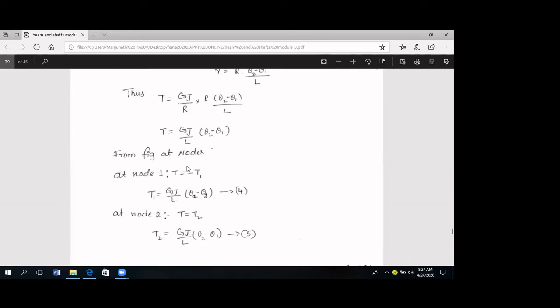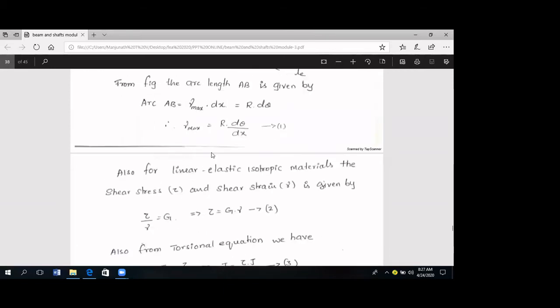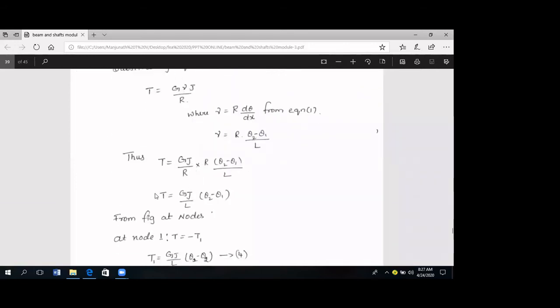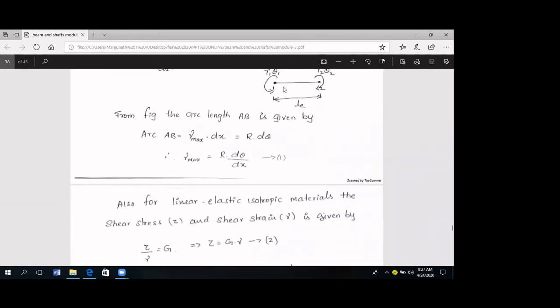From the figure, we have two nodes for this element. Having the torque equation, we need to know the torque at node number 1 and at node number 2 for the applied torque, so that we can find the angle of twist theta 1 and theta 2 at node 1 and node 2.